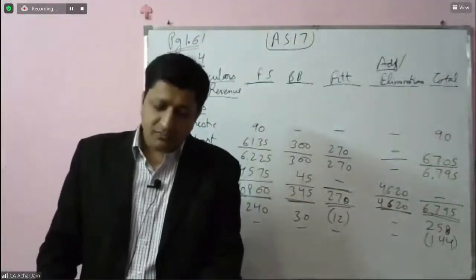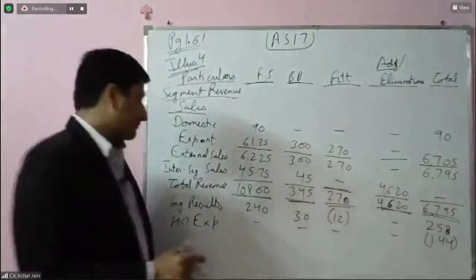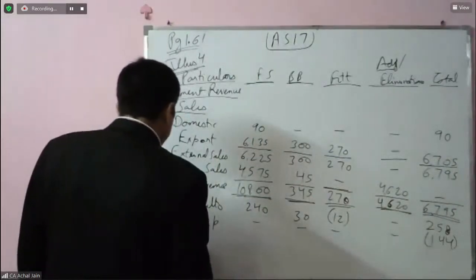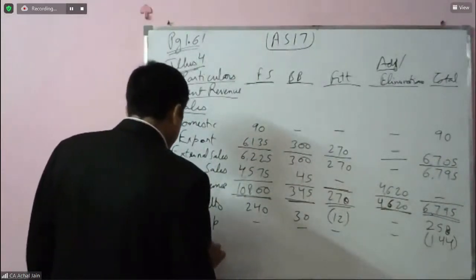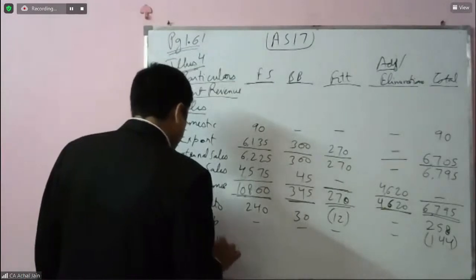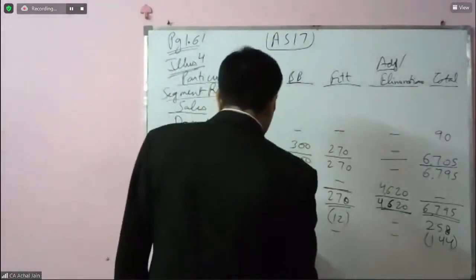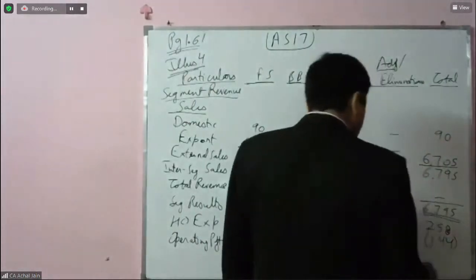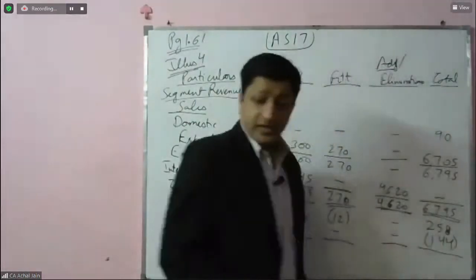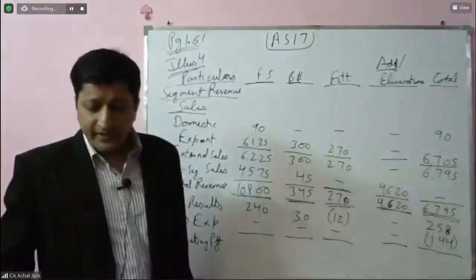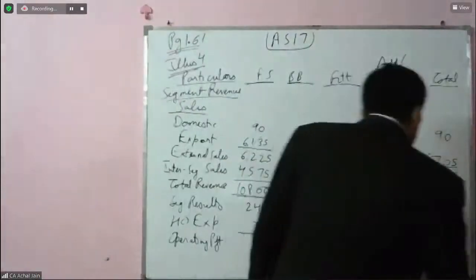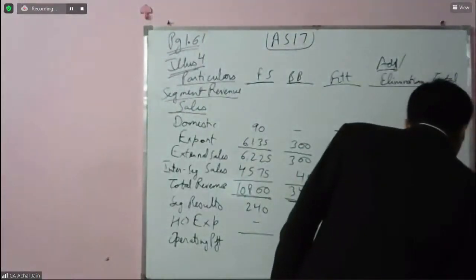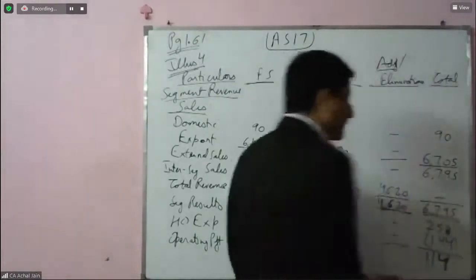After reducing this, what do we get? Operating profit. So what do we get in the operating profit? 114. 114 is the operating profit.